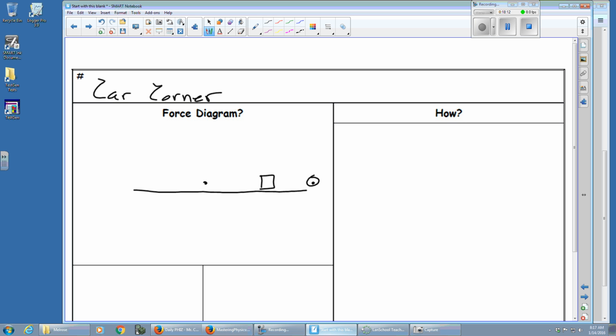So this would be my velocity vector there. I'd have the weight downwards, the normal force upwards, and a frictional force inwards. And because it's going around a corner, I'm also going to have a centripetal acceleration.